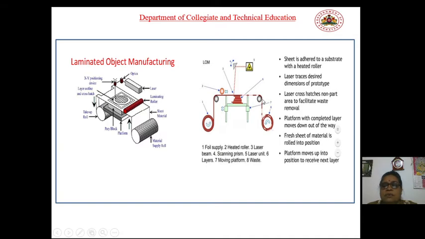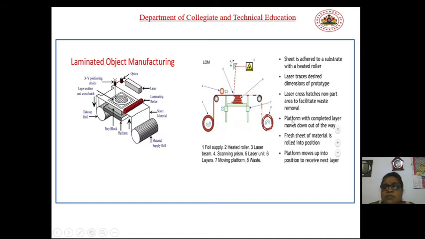Then the third step is the laser cross-hatches the non-part area to facilitate waste removal. Waste removal is just the waste comes and is rolled onto the roller.